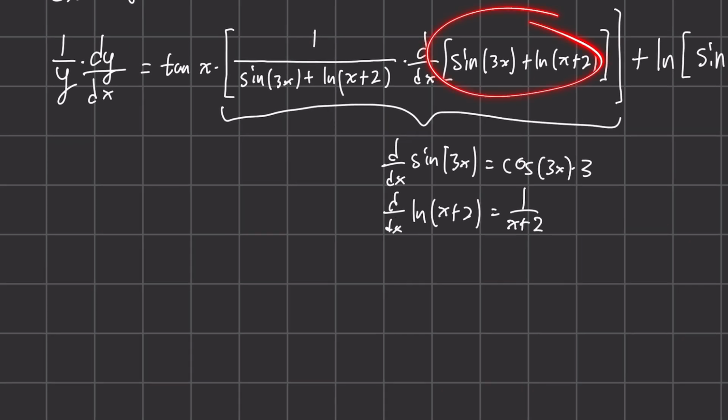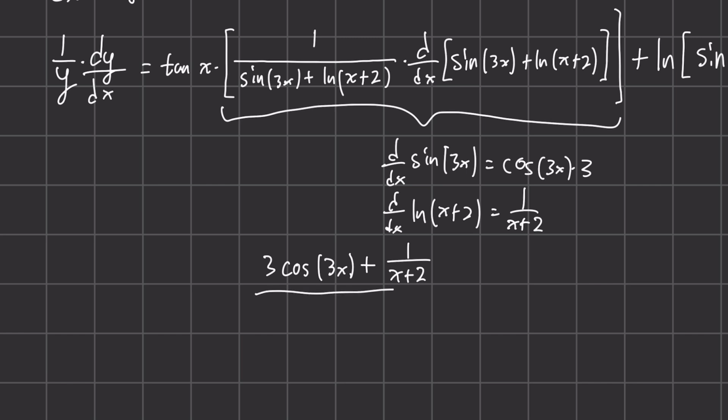So we can put this whole thing up here now. That gives us 3 cosine 3x plus 1 over x plus 2, all over sine 3x plus ln x plus 2, which is just our denominator.